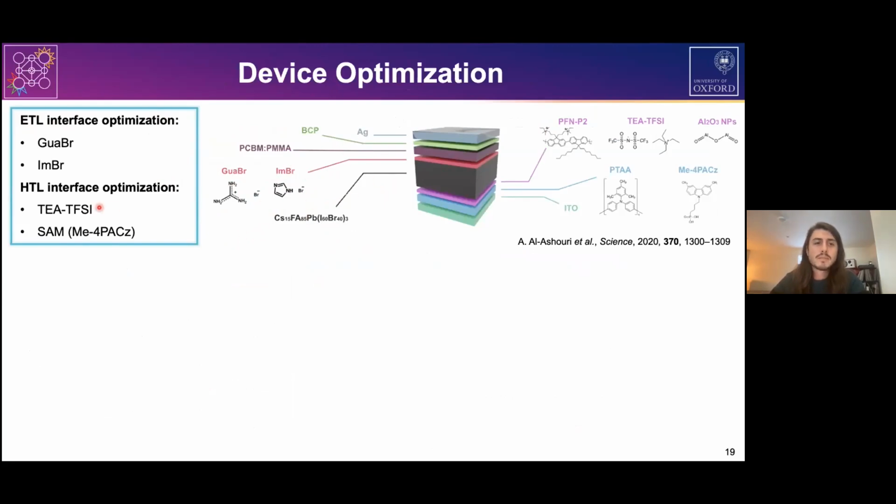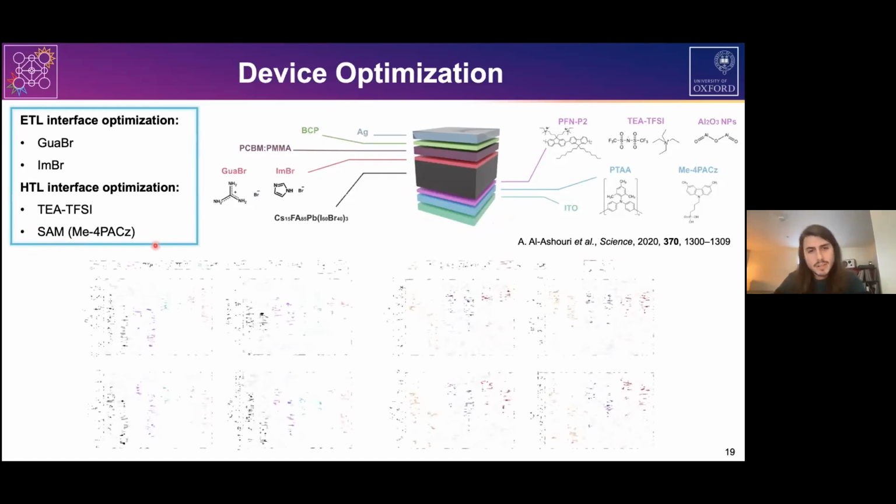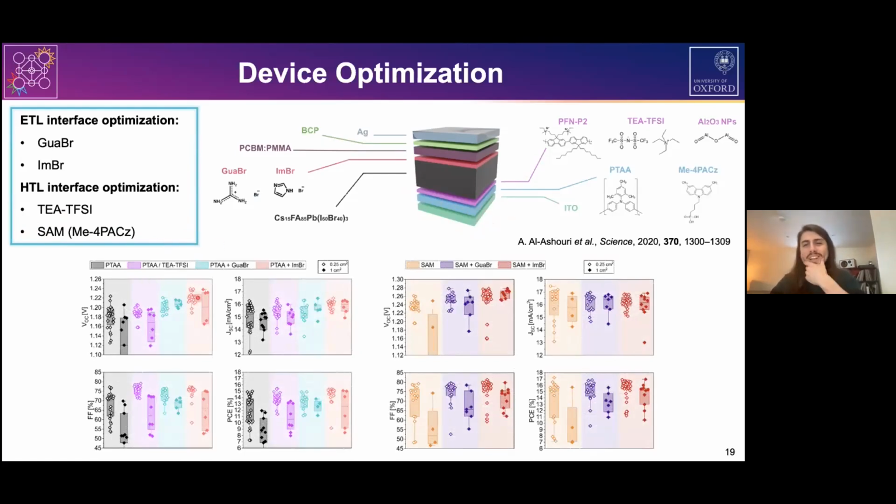Or we focused on the HTL interface by inserting an ionic interlayer between the PTAA and the perovskite, treating the PTAA surface, or replacing the PTAA directly with a self-assembled monolayer. This can give rise to a lot of combinations of devices, and it can be a bit overwhelming, but I just want to guide you through a few main important points.